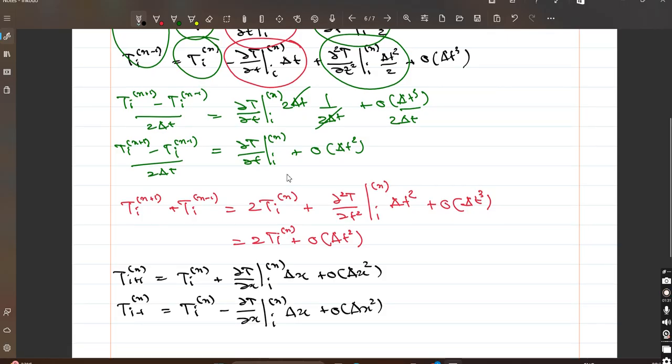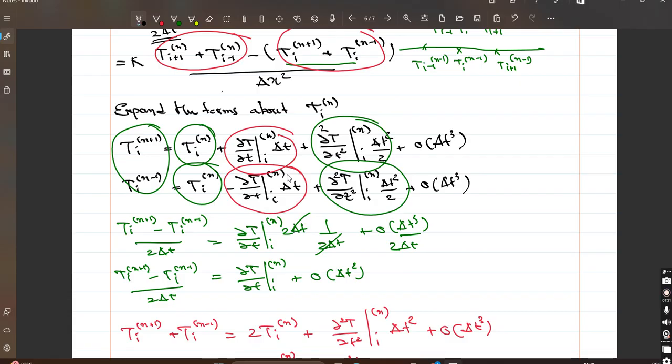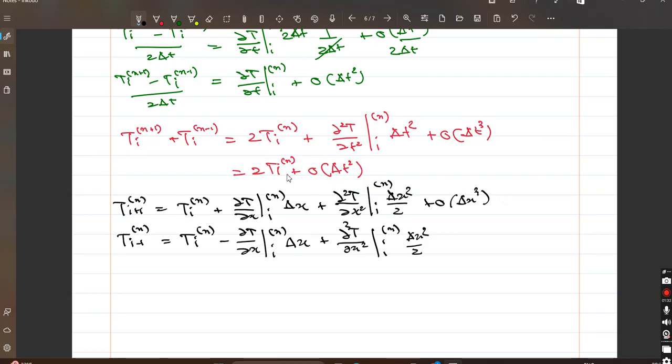Okay, so now we will just add these two terms. My bad, we will have to incorporate this order of delta x term also. So it will be the second partial derivative of T with respect to x squared at i at n times delta x square by 2 plus order of delta x cube, and the same for the other term: second derivative times delta x square by 2 plus order of delta x cube.